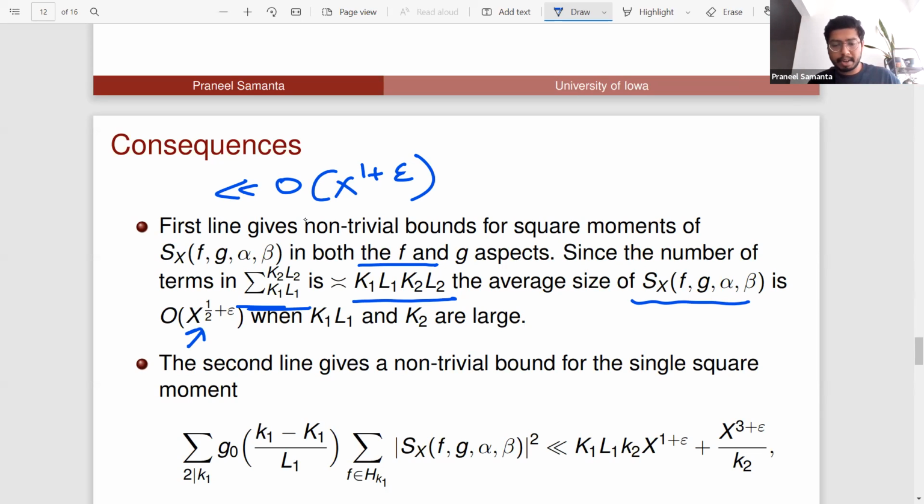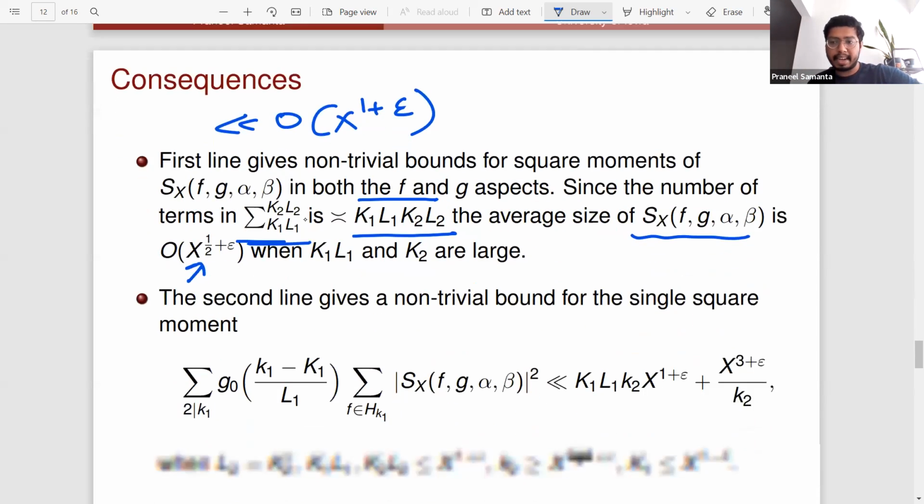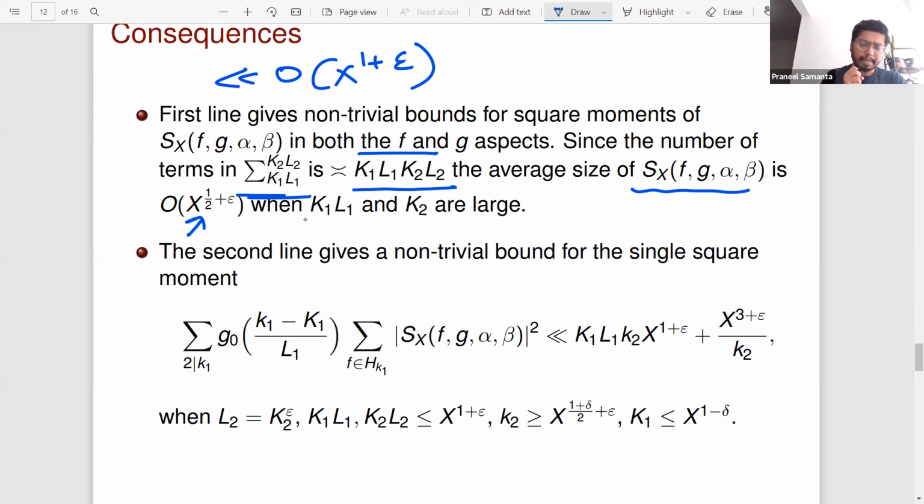And the other interesting case, which I talked about, the second line, had that one extra term. That one extra term is an ugly term because it doesn't allow us to find a non-trivial bound for Sx on average or uniformly. But it's still a good bound because it gives us a non-trivial bound for the single square moment.